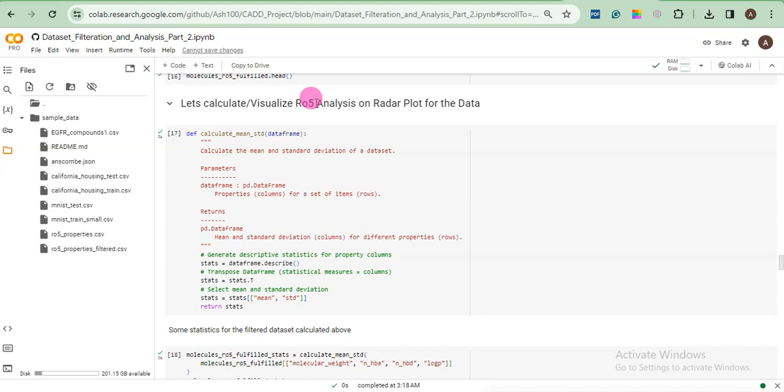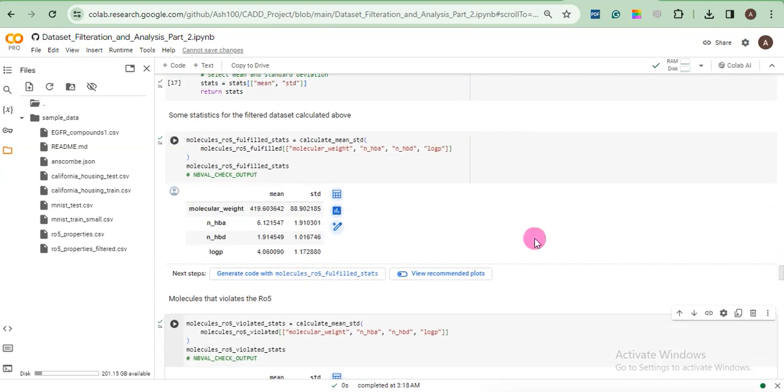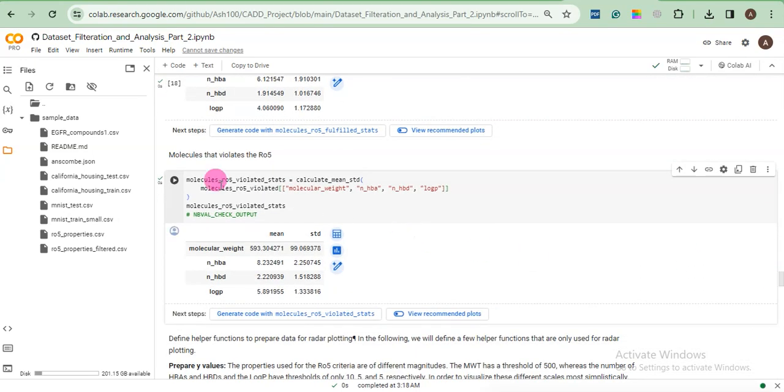It actually plots the analysis of the rule of 5 or Lipinski rule in one chart. So here we perform calculations on the whole data, 6000 and something. Then we generated two data frames. One is named molecules Ro5 filtered, and the other molecules Ro5 violated. So this will contain only those 1300 something, and this will contain the 5000 something.